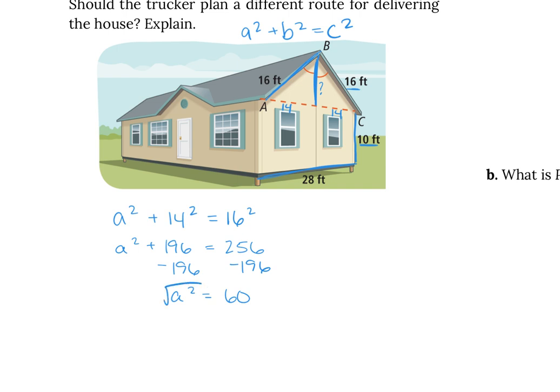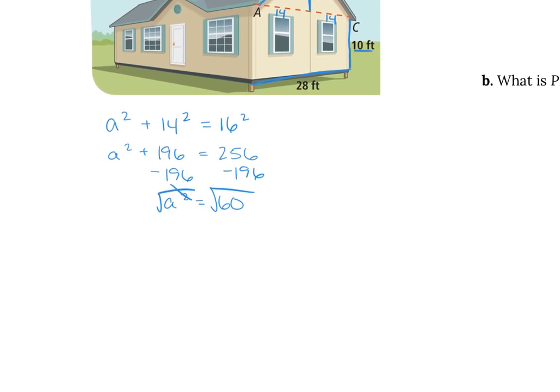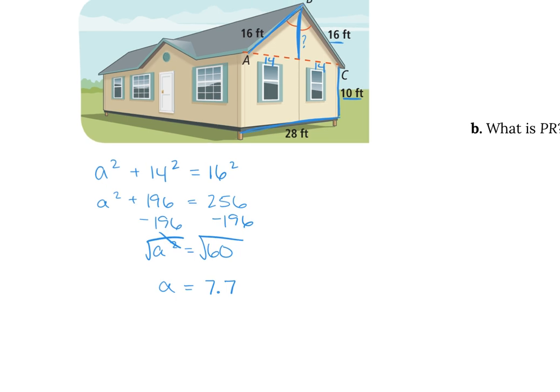That just cancels out my square. So a equals the square root of 60, which simplifies to about 7.7. So this height right here that I didn't know would be 7.7.